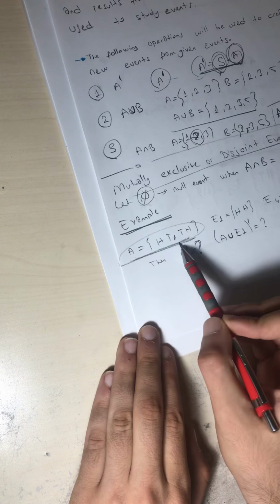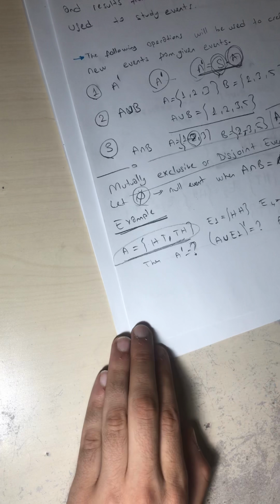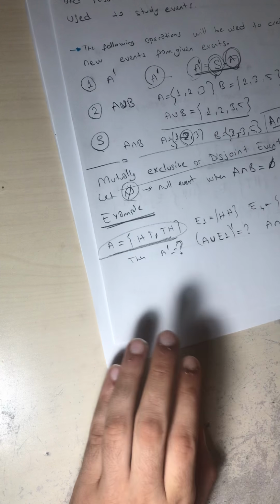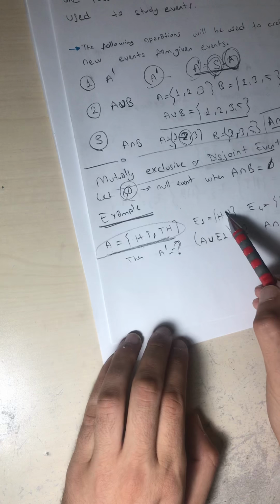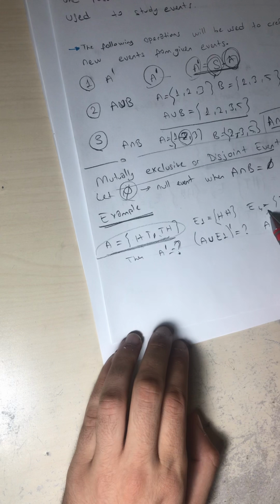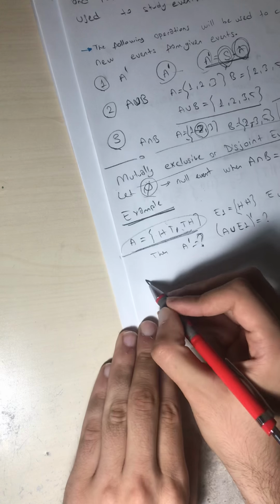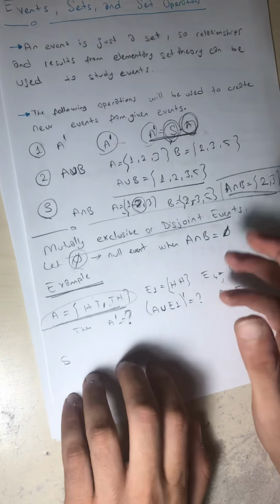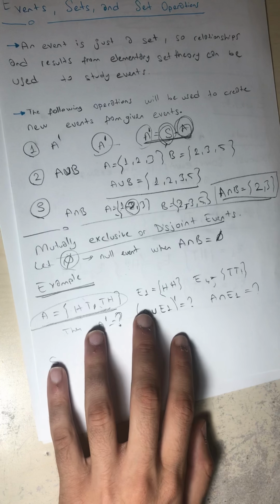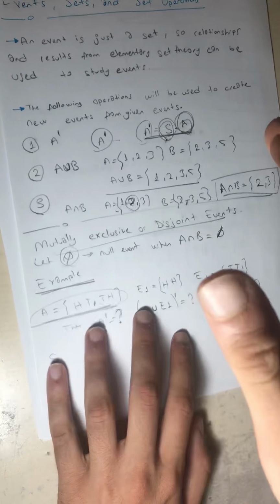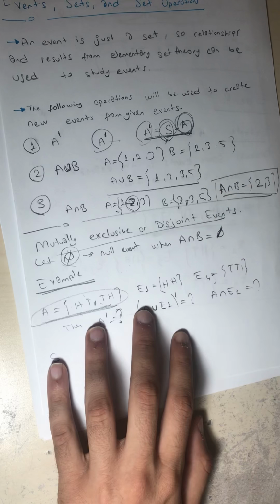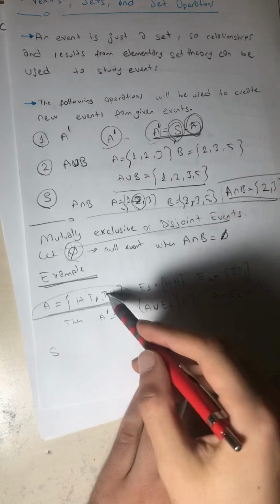Our A is that one, and we need to find our sample space now. Our sample space contains all the cases here, all the events. We already talked about what the sample space is, so I'm not gonna talk more about it, but in a simple way, it will contain all the events here.